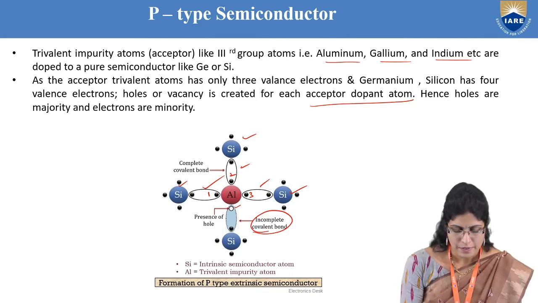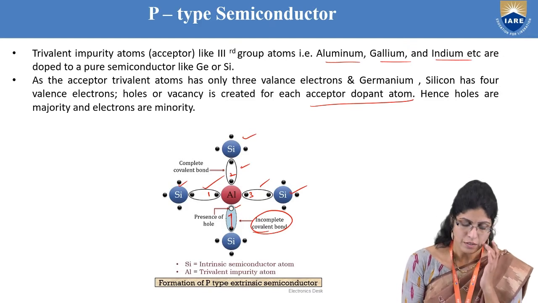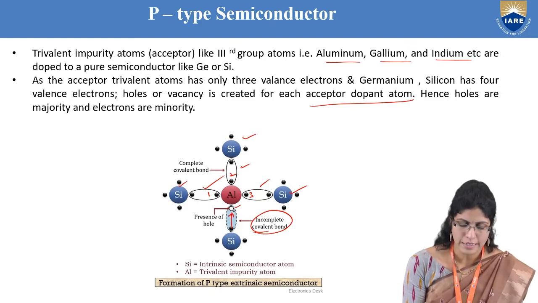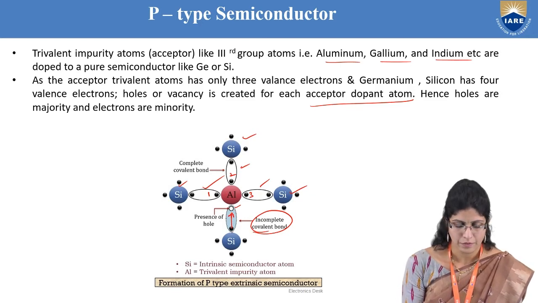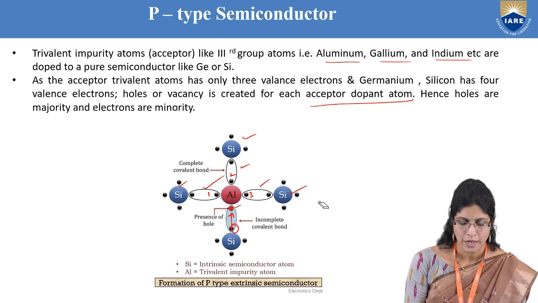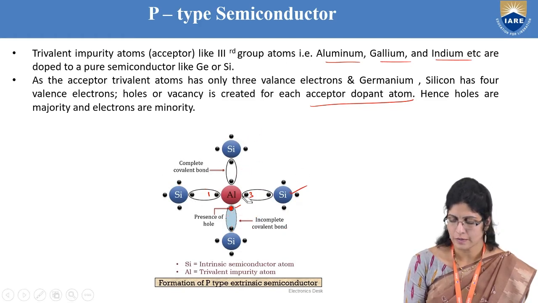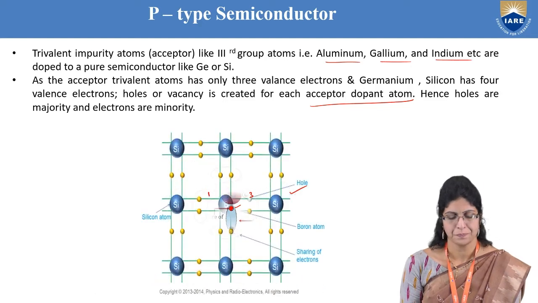As you raise the temperature, this silicon can offer one valence electron to this aluminium atom, and if it moves here, this silicon will be left as a hole. This is what I have explained, and if you take this and dope it into the silicon lattice, what will be the picture?